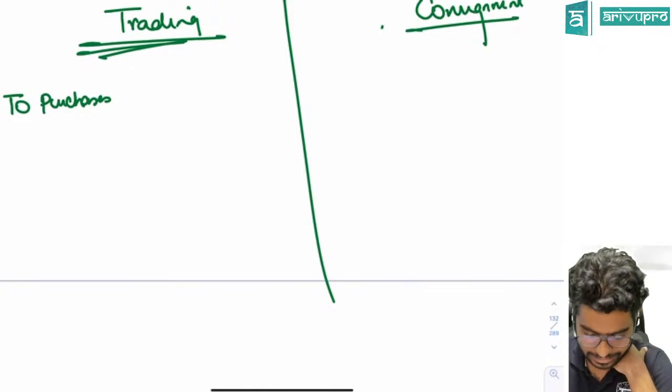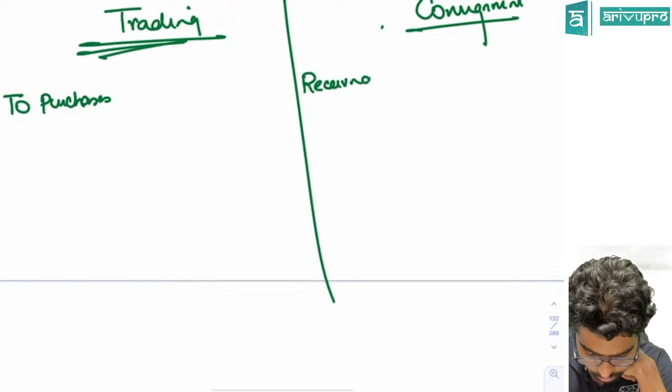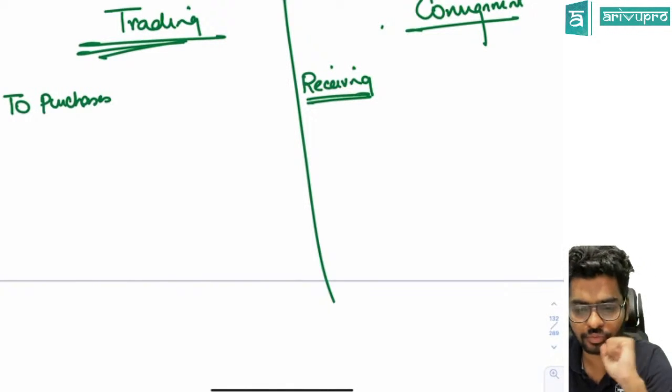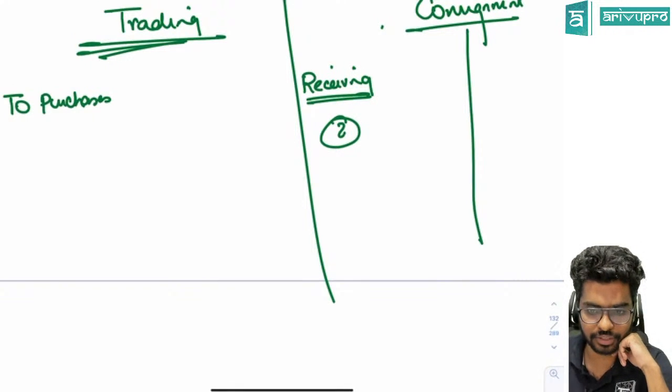In case of consignment, from where are you going to be receiving the goods? From where will you receive goods towards this consignment?